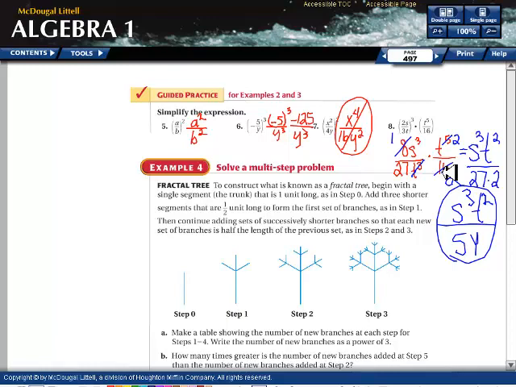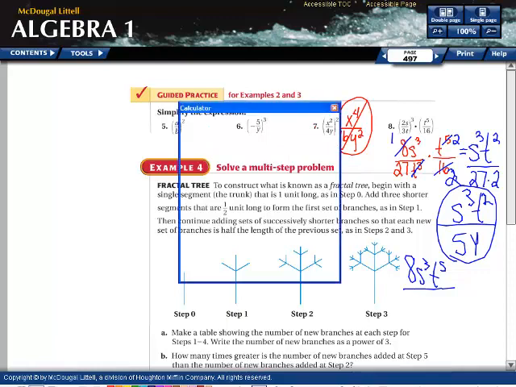I could have multiplied everything straight across, and I would have got 8s cubed t to the 5th over 16 times 27. Let's see here.